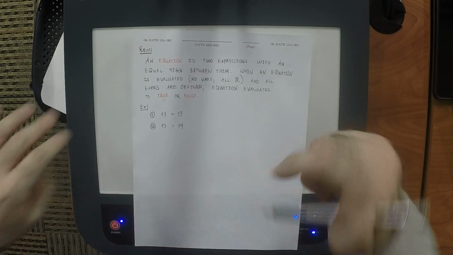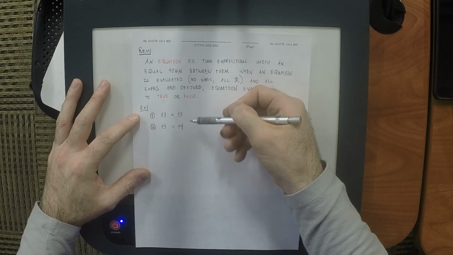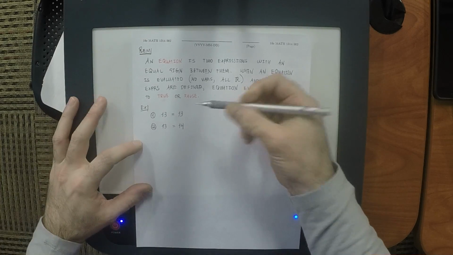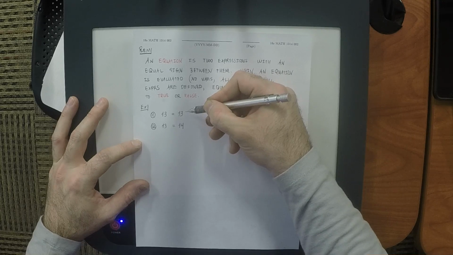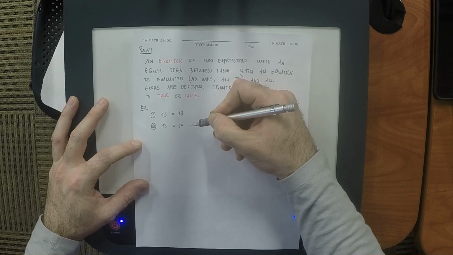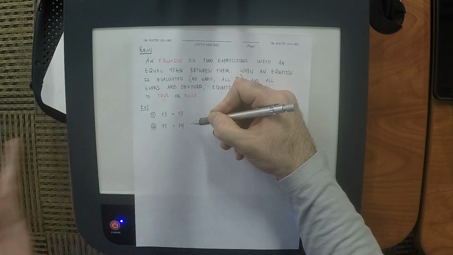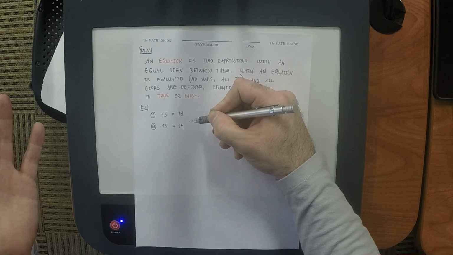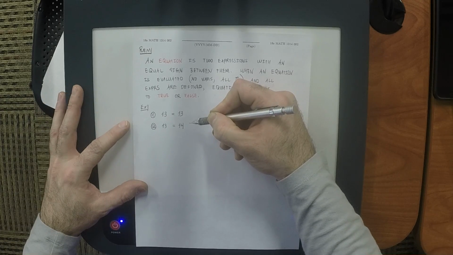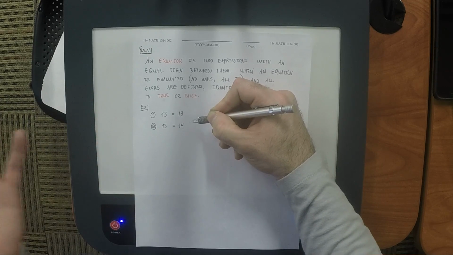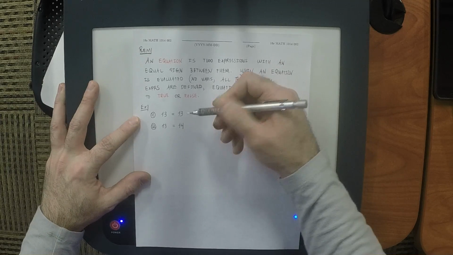So now we're going to separate them. Is this an equation? Yes. Is that an equation? Yes. What does this equation evaluate to? True. What does that equation evaluate to? False. That doesn't mean that this isn't an equation. It is an equation. It evaluates to false. That doesn't make it immoral or unethical. That's just what it is.